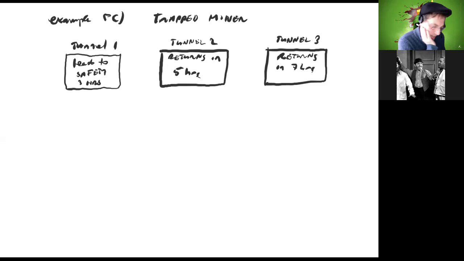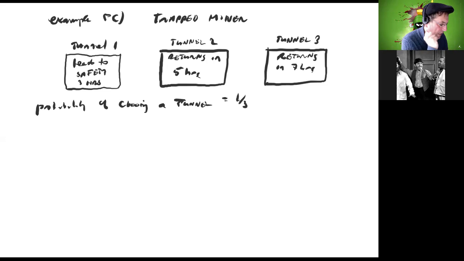Now the miner is stuck in the tunnel, completely confused, and chooses one of these tunnels randomly. So the probability of choosing each tunnel is 1/3, equally likely.